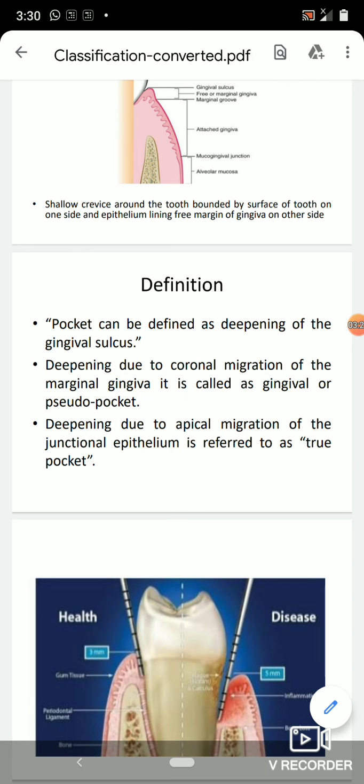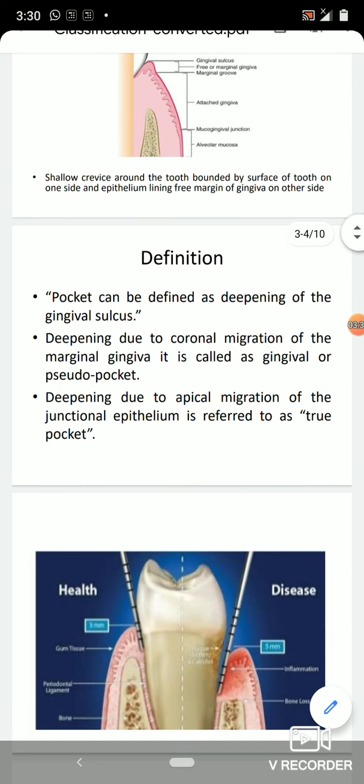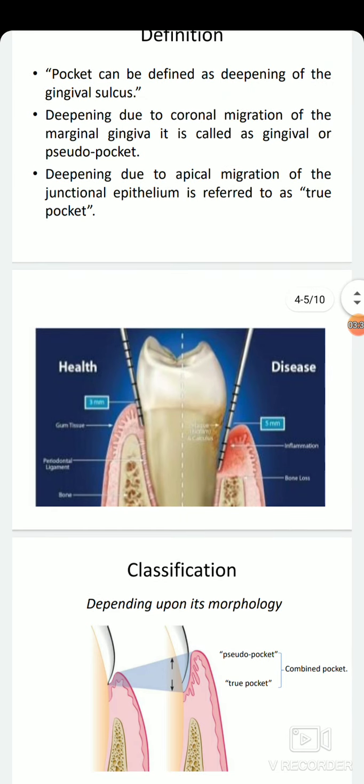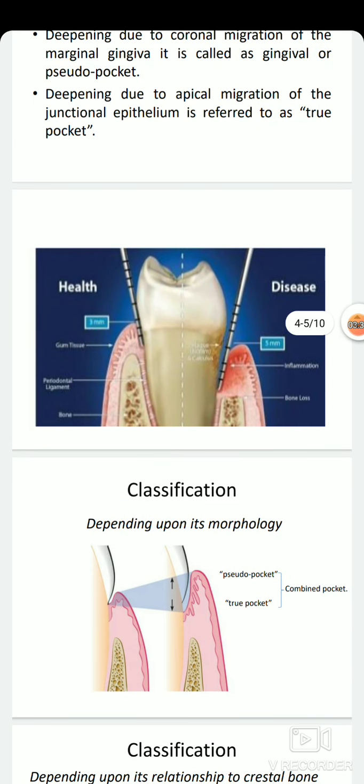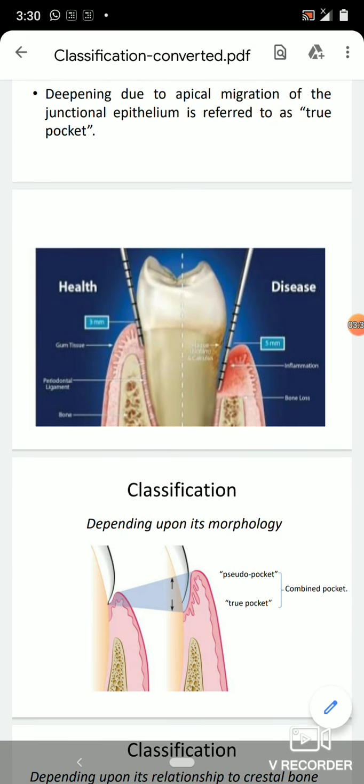When deepening of gingival sulcus occurs due to apical migration or apical shift of junctional epithelium, it is considered a true pocket. So this is a picture where you can appreciate the healthy gingival sulcus measuring about 3 millimeters on one side, and on the disease side there is about 5 millimeters of periodontal pocket.